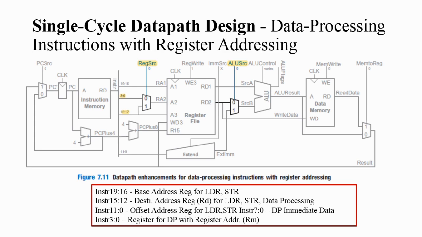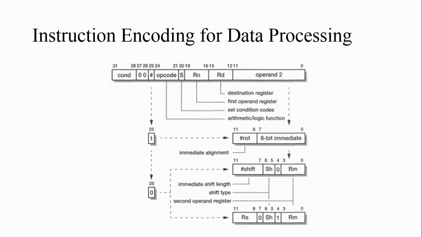Then the next one is the data processing instruction with register addressing mode. In the immediate addressing mode, as I told, if you are performing, for example, add, the first operand register will be added with the immediate value. But now we are going to see the data processing instruction with register addressing.